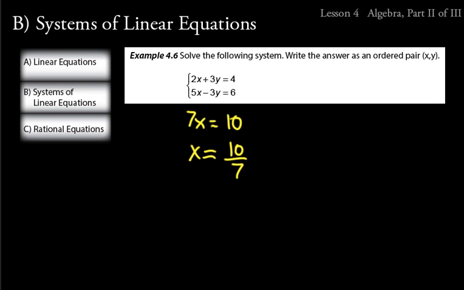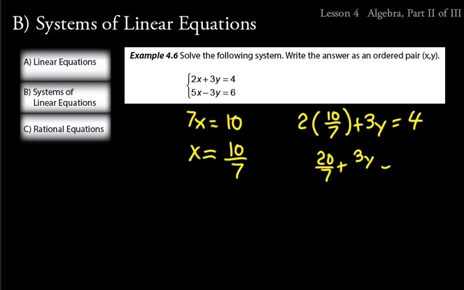Substitute that now into either equation. I'll substitute into the top one. 2 parentheses 10 over 7 plus 3y equals 4. 20 over 7 plus 3y equals 4.